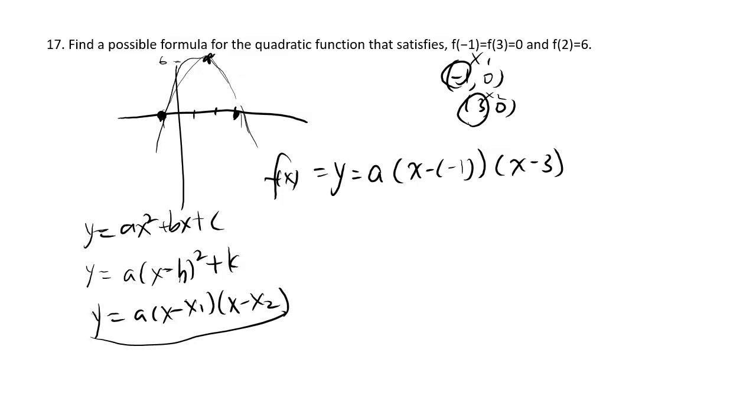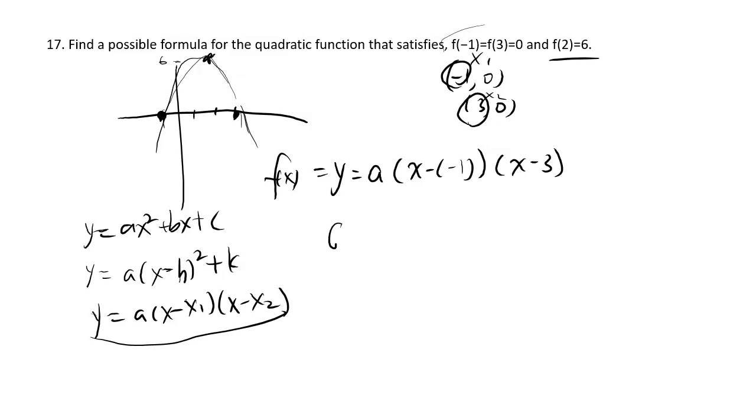The only thing you have to do now: writing it this way automatically satisfies the first condition. If you plug in -1, this will be 0. If you plug in 3, 3 minus 3 is 0, so this will again be 0. So this condition was automatically satisfied if you write your function in this form. And then f of 2 equals 6. That's the only thing that we haven't made use of.